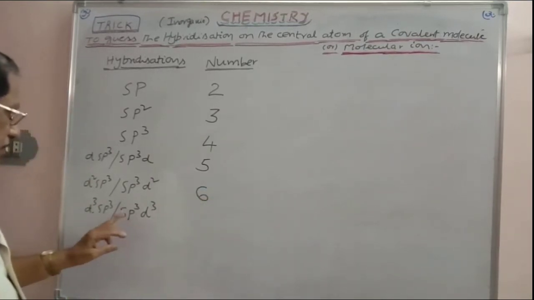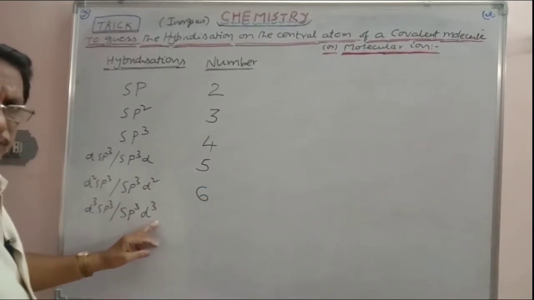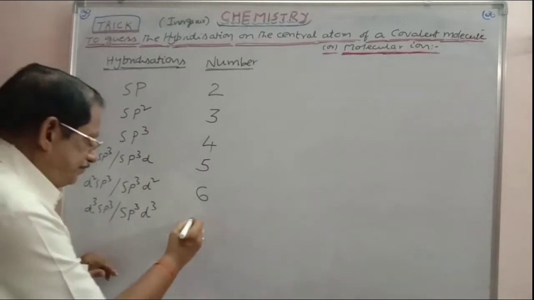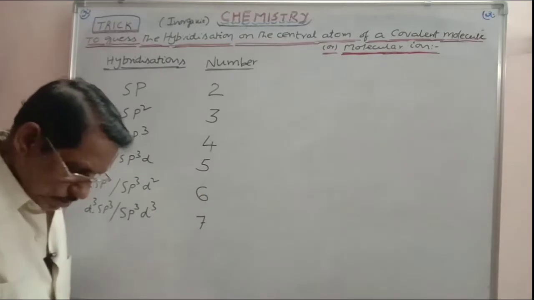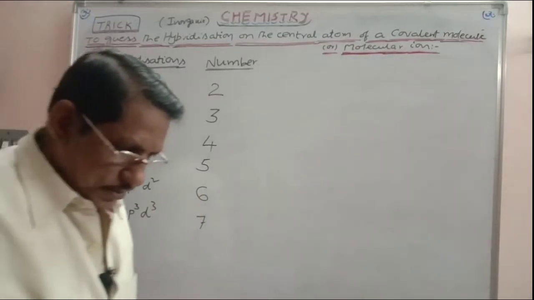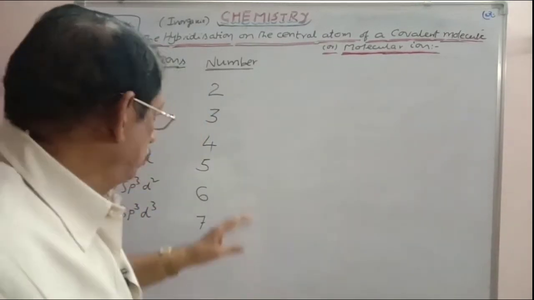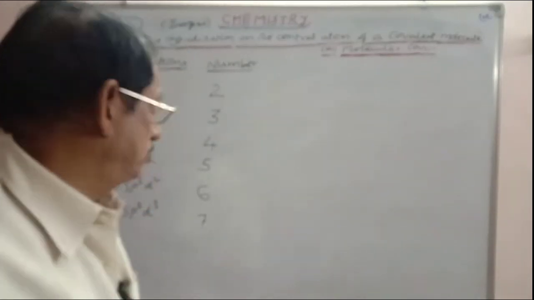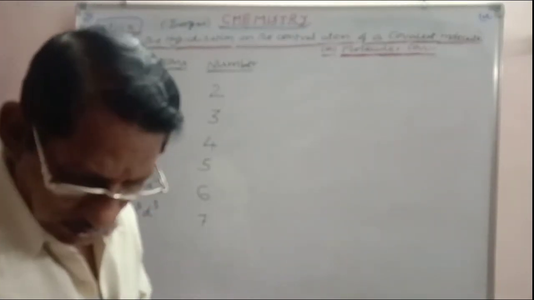And finally sp3d3: 1 plus 3 plus 3, so that is equal to 7. In this way, you are allotting a number for each hybridization.